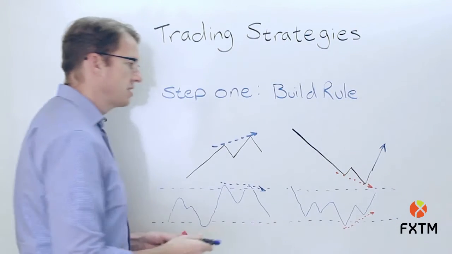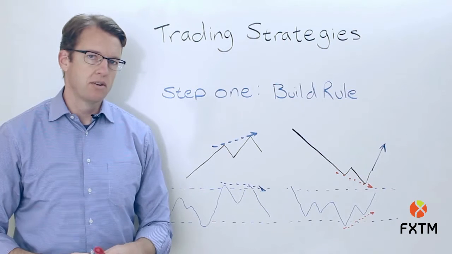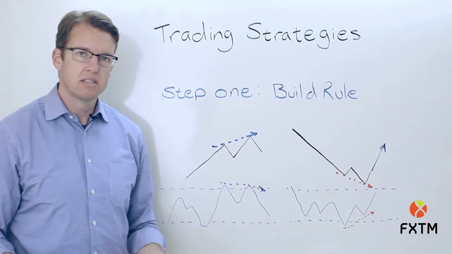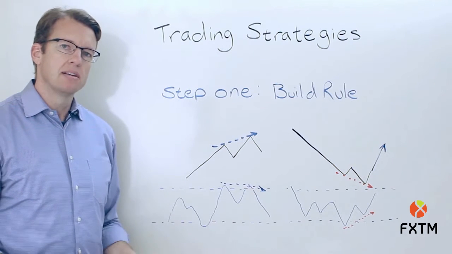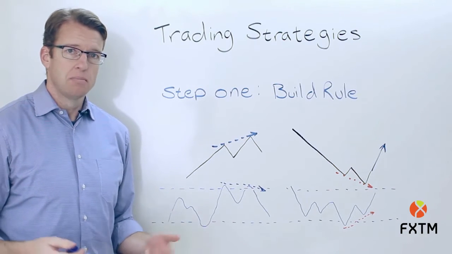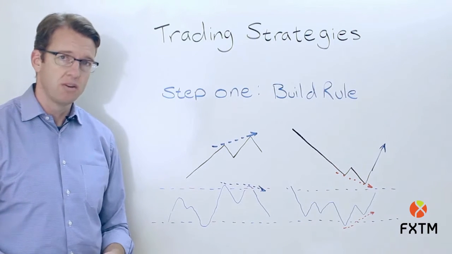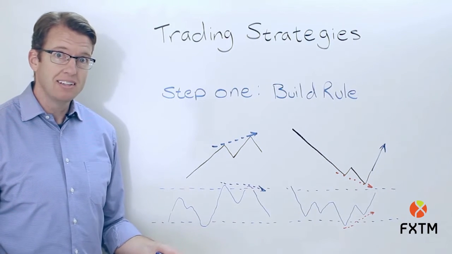In both cases, there's a rule of thumb that will help improve the overall performance of a system like this. I bring it up because it should generally be a component of most trading systems, especially those where you're trying to take advantage of the trend. And it is, in fact, the trend.